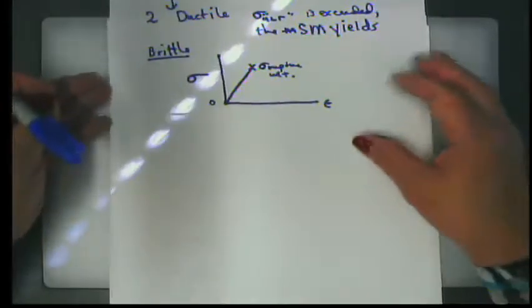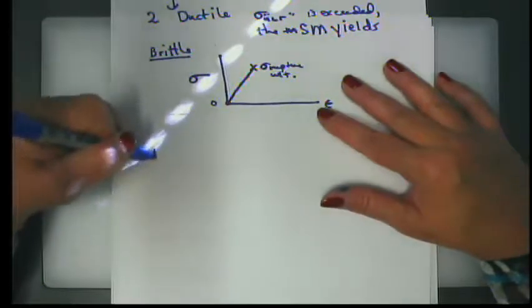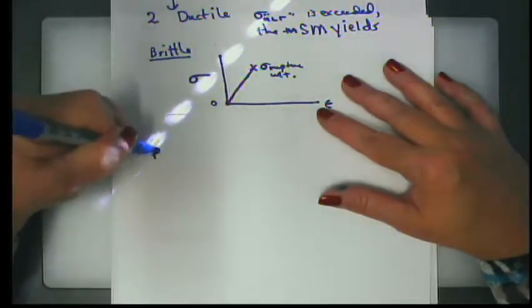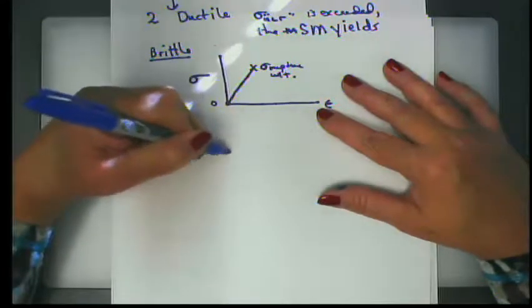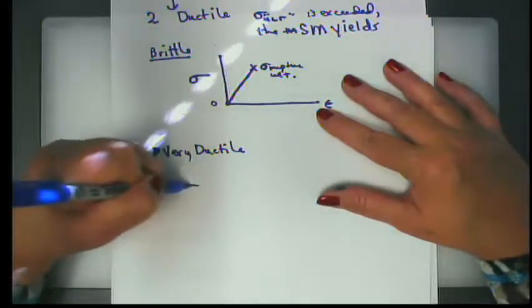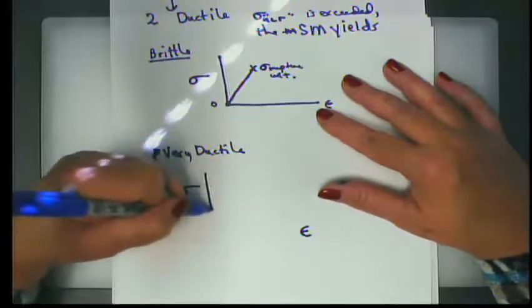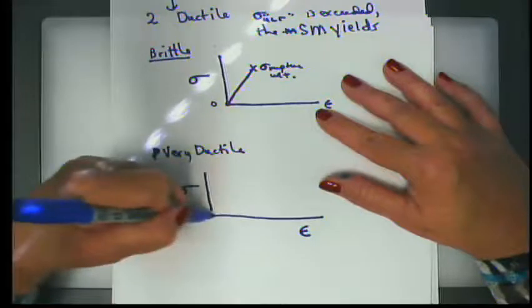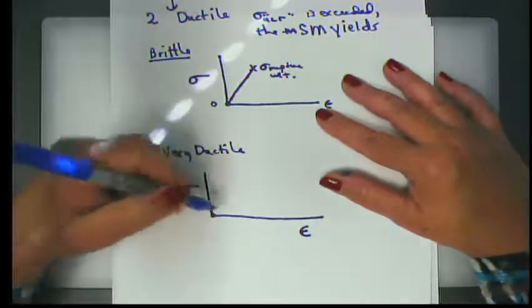So there's really no way to draw something that is perfectly ductile, but let's just say a very ductile material. If we were to plot sigma versus epsilon, we would see that at 0 sigma, we have 0 epsilon.